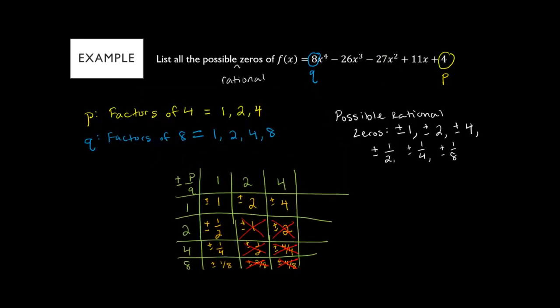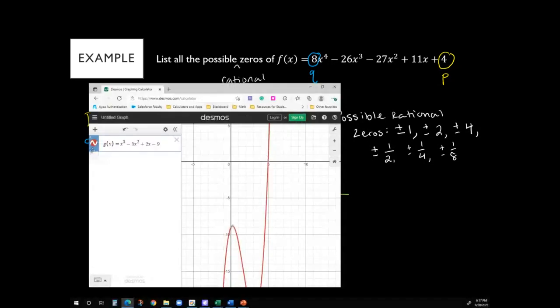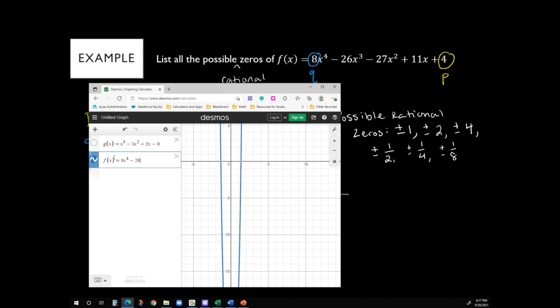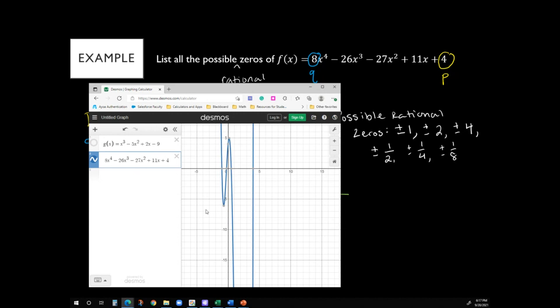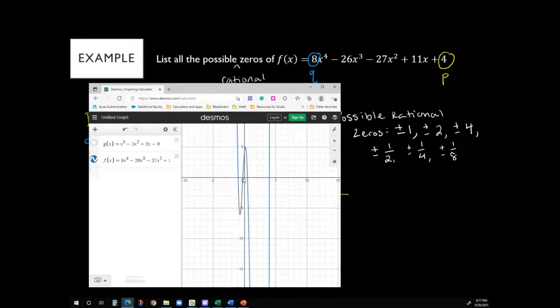We go back to our first example here and graph this one. We had f of x equals 8x to the 4th minus 26x cubed minus 27x squared plus 11x plus 4. On this, we can see we've got 4 zeros.